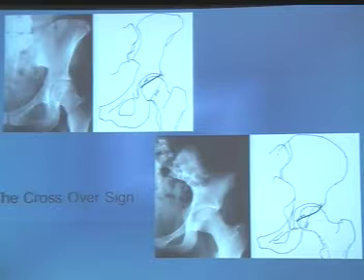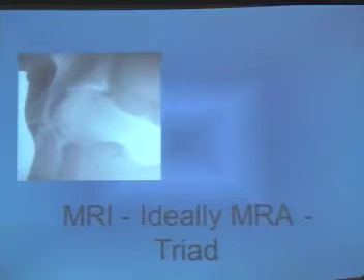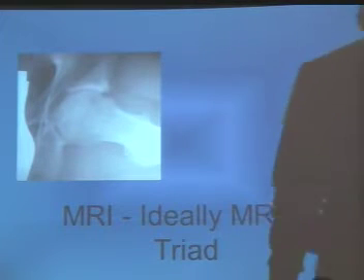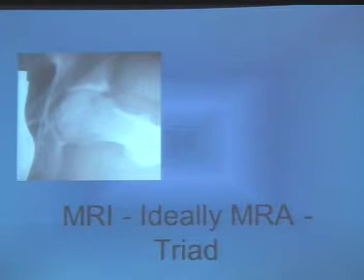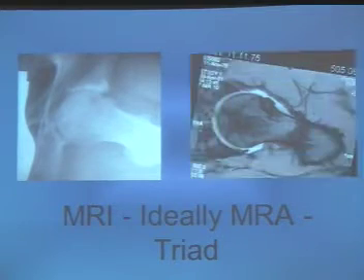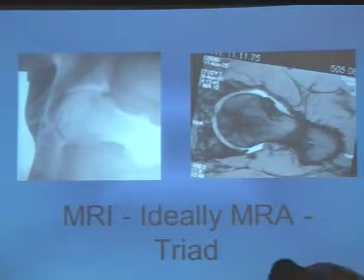In the pincer kind of lesion, we usually see the crossover sign, which can be demonstrated in the second X-ray. And MRI is ideally a good investigation to demonstrate the lesion along with the damage to the cartilage and the acetabular labrum.